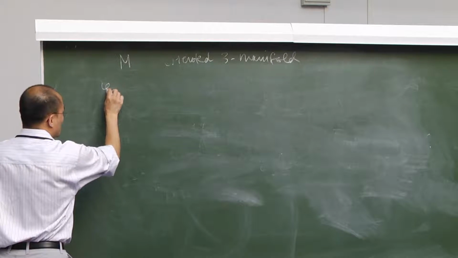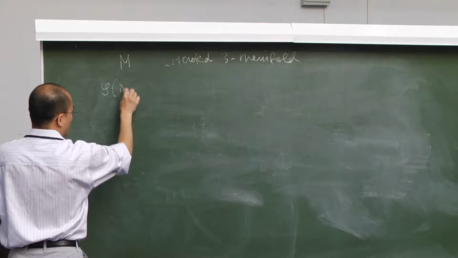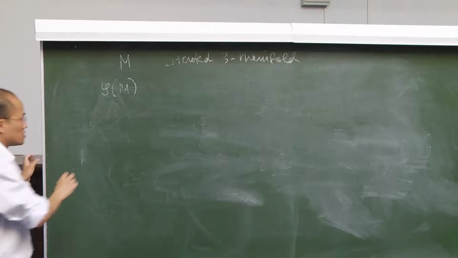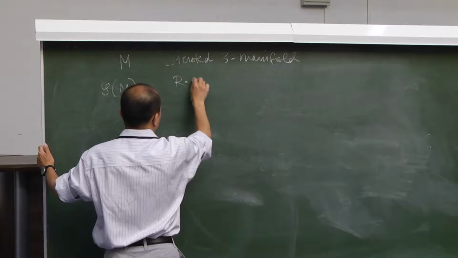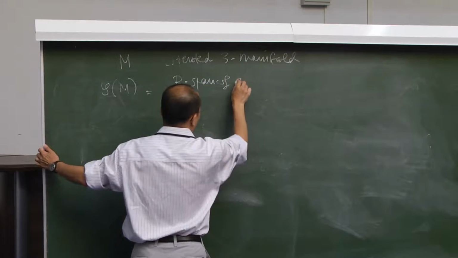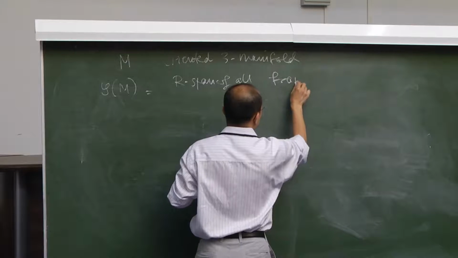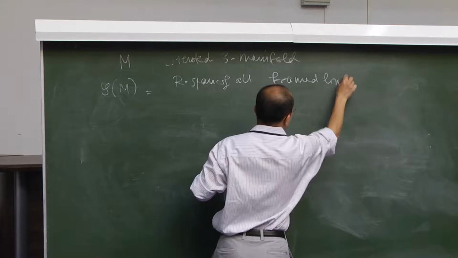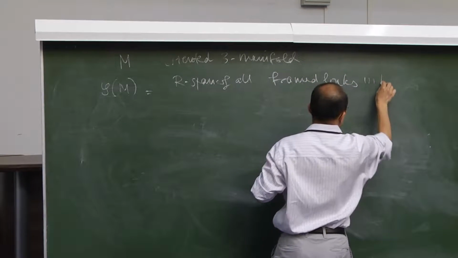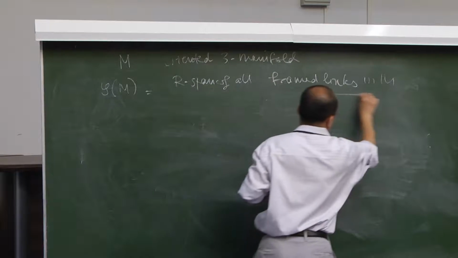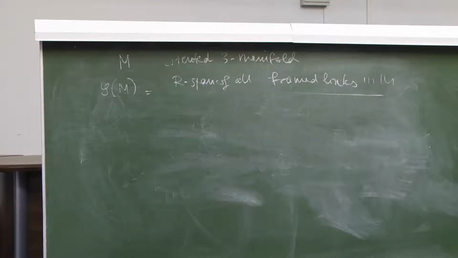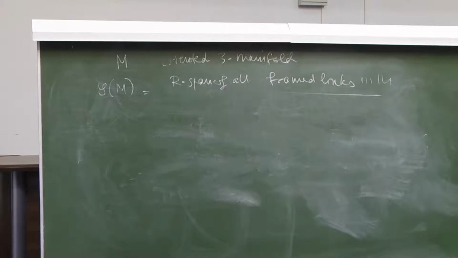You can define the skein module of M. You take the R-span of all isotopy classes of framed links in M, and you mod out by these two relations, number 1 here and number 2 here.